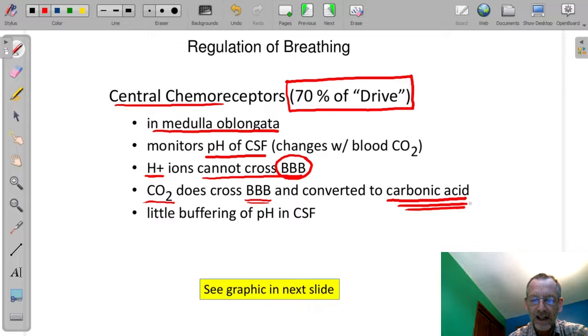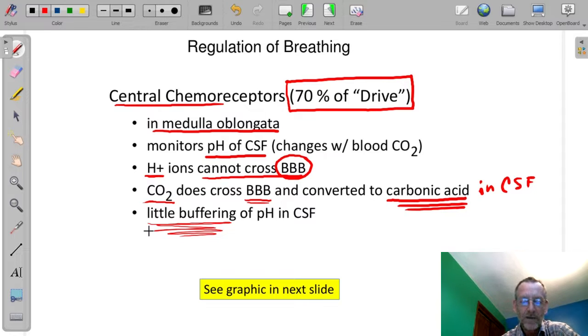Now this is in the CSF, and the CSF has little buffering capacity in it. There's not a lot of protein. So the pH changes rather quickly in the CSF, and that's what the central chemoreceptors detect and respond to. So let's take a look at the next slide.